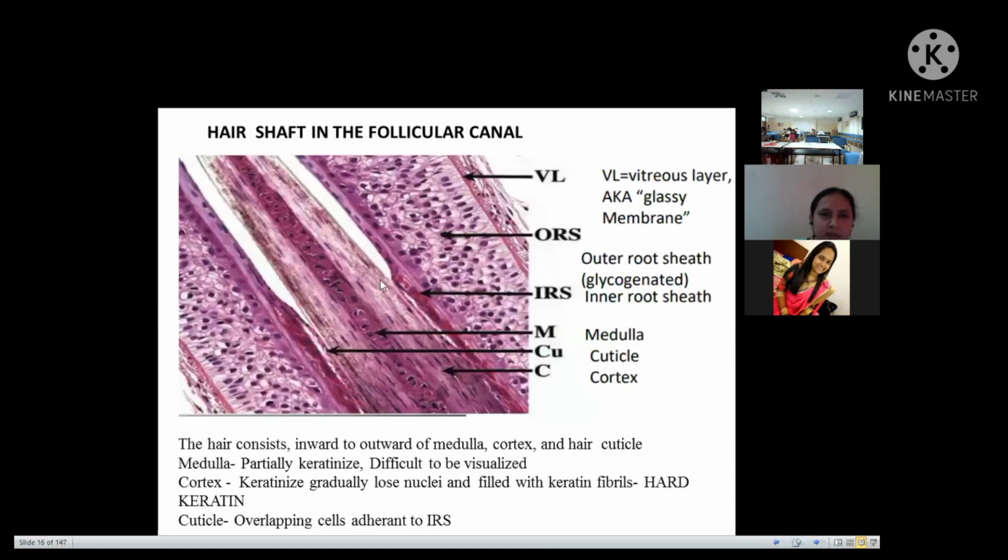So this is how the hair shaft looks in the canal. It has a medulla which partially keratinizes, and it has a cortex which gradually keratinizes, and it is converted into a hard keratinous structure. So we have to keep in mind that every part of the hair follicle has its own way of keratinization.